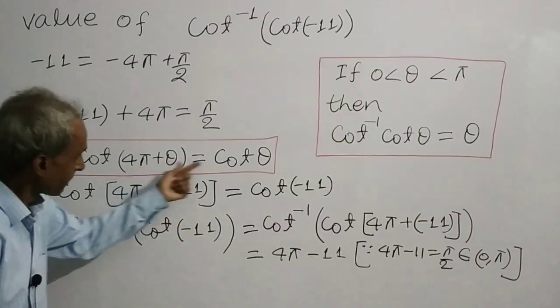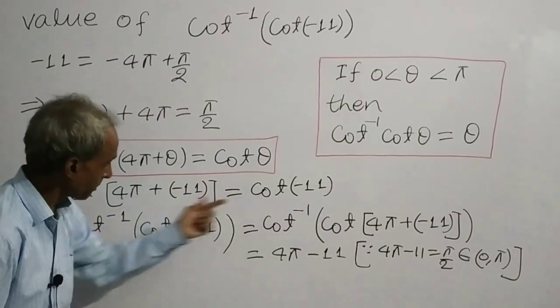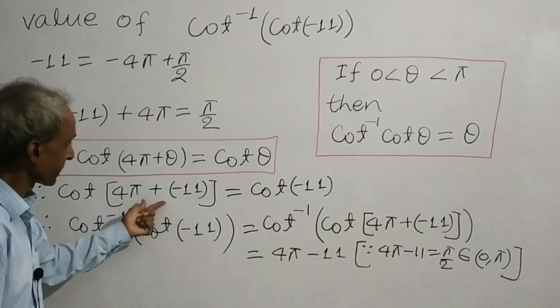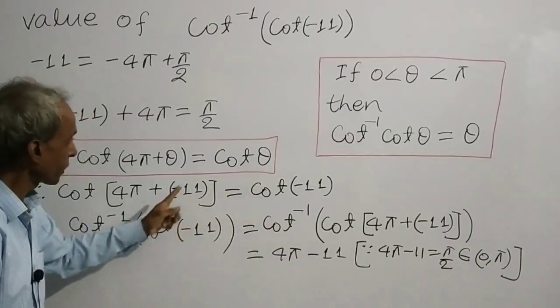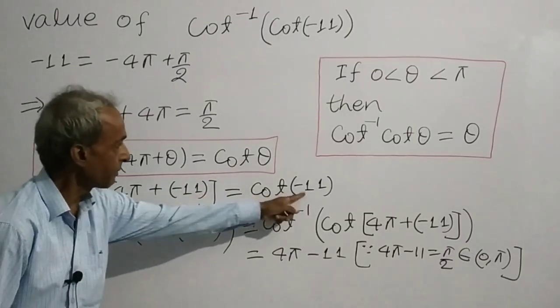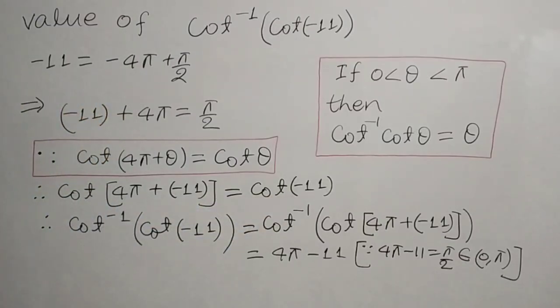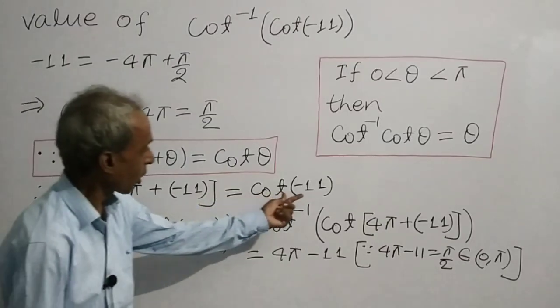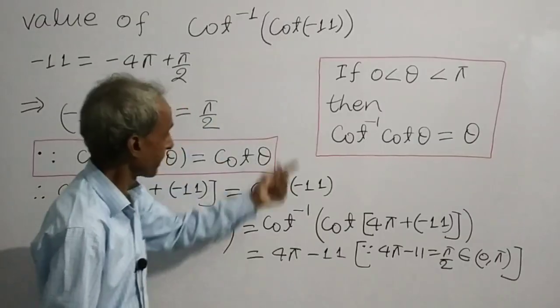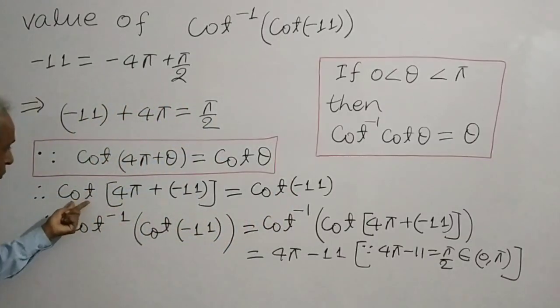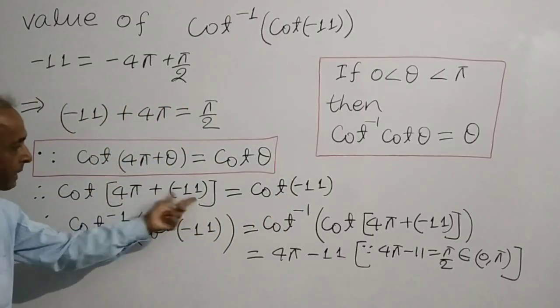Then, by using this formula, this will be equal to cot minus 11. That means cot minus 11 is equal to cot of 4 pi plus minus 11.